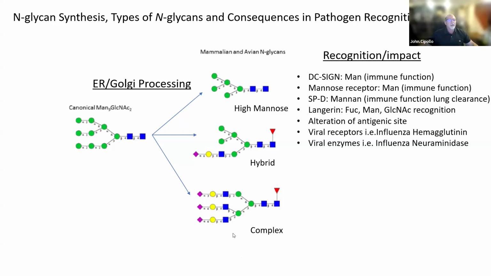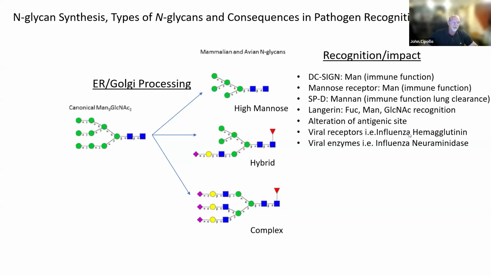Some of the factors that are impacted by glycosylation are DC-SIGN, which has immune function, and the mannose receptor, which also has immune functions, one of the innate immune responders.